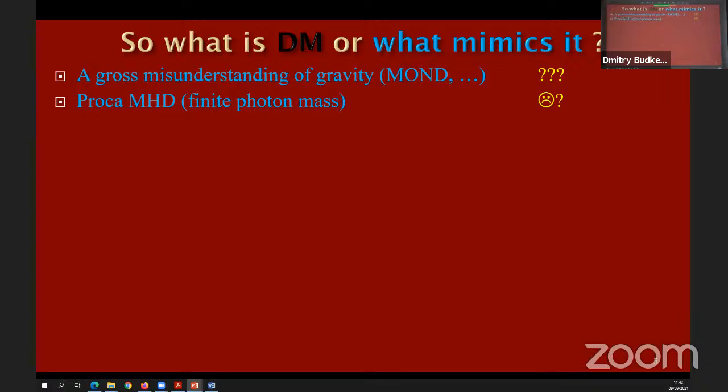This gentleman's name is Professor Ryutov. He is an expert in plasma physics, a completely different thing. But he noticed something interesting. Imagine that a photon, which we assume to have zero mass, has some small mass. It can have a large mass, but it can also have a small mass.